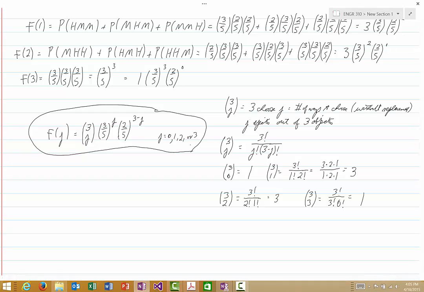This formula is actually an example of the formula for the probability function for a binomial distribution. The idea here is that we have n shots. In this case, n was equal to 3. The probability of hitting is p, and the probability of not hitting is 1 minus p.